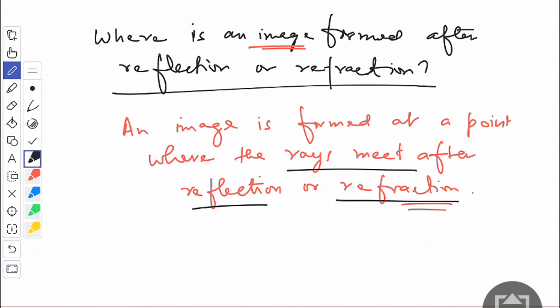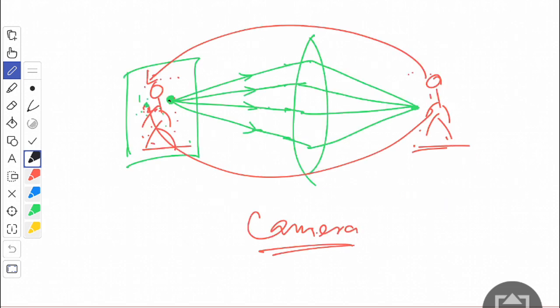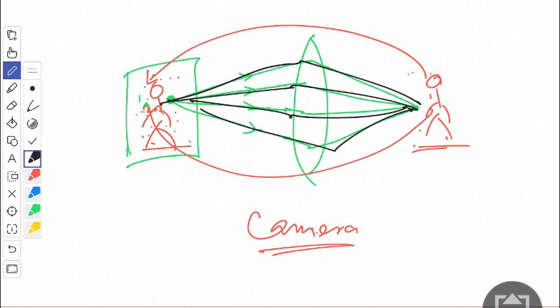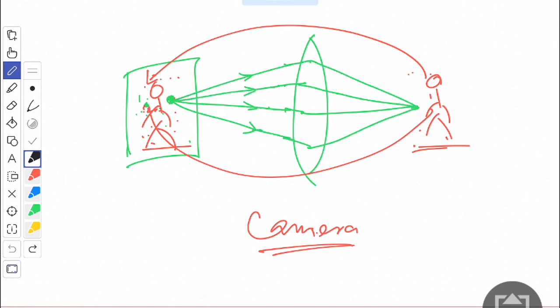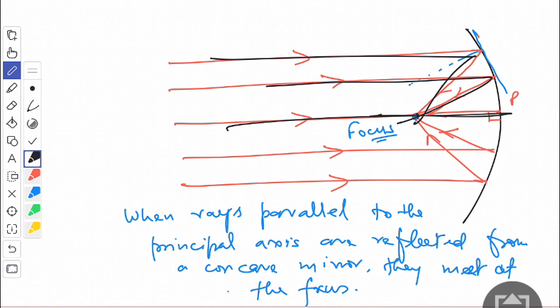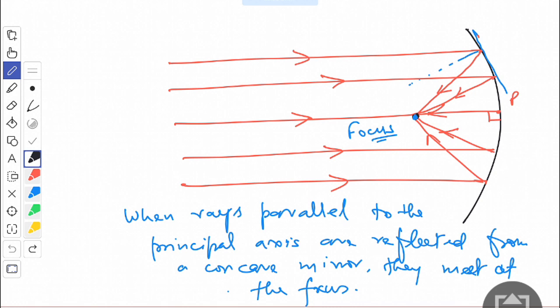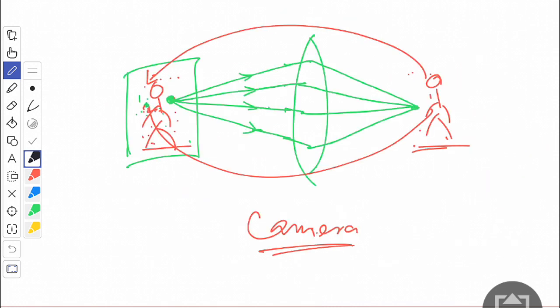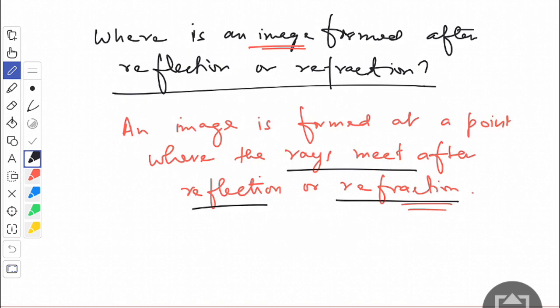When the rays actually meet, here in this case, all these rays came and actually met here. Can you see that? I'll just remove these. Now if we look at this also, all these rays, this comes and meets here, this comes and meets here, this comes and meets here. So all these rays are actually meeting here, correct? Now I'll clean this up. So when the rays are actually meeting after reflection or refraction, we call it a real image.